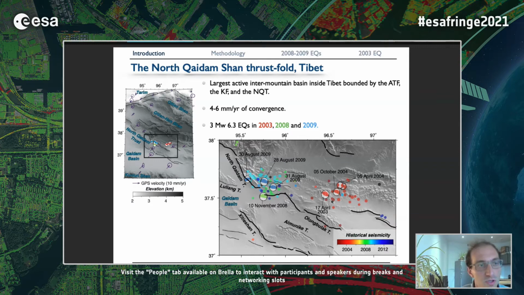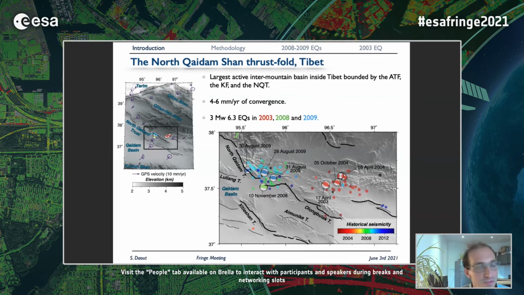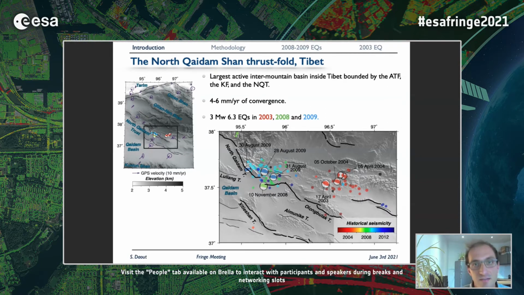The Qaidam Basin is one of the largest active intramontane basins inside the Tibetan Plateau, bound by the Altyn Tagh and the North Qaidam Thrust in the north, and the Kunlun Fault, or the Kunlun Shan, in the south. There, about 4 to 6 millimeters of convergence are accommodated across shortened sediments and basement faults.